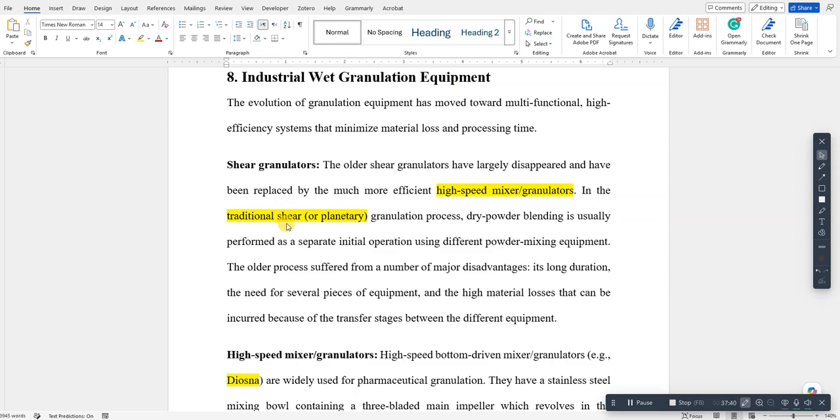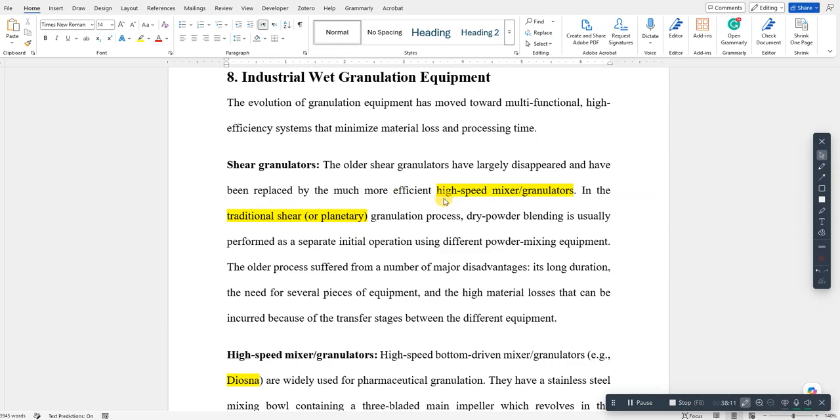The traditional shear granulator, the very famous equipment, is called the planetary mixer. The problem with such equipment is that you will have an equipment for mixing and another equipment for granulation. This will cause loss of materials, more time, more investment, etc.